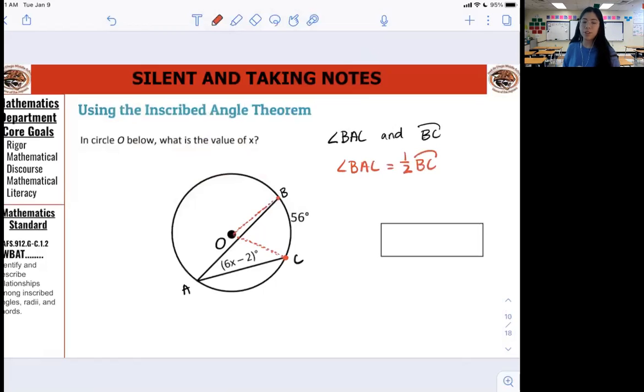And that goes back to the relationship that we already wrote down in our definitions. So we already know that the relationship is that it's half, not equal, but half. Now go ahead and see if you can figure it out while I charge my pencil. And if you have an answer, you can send it to me in the chat.